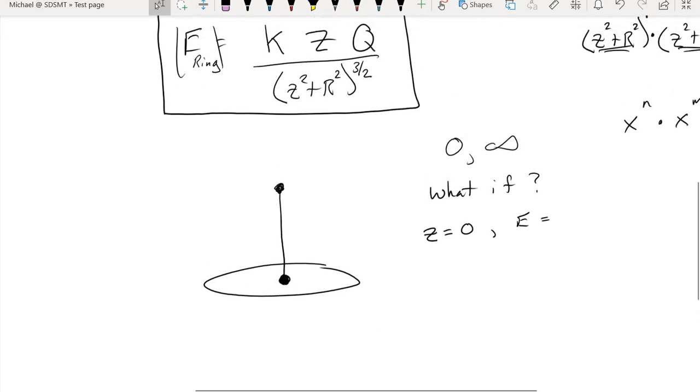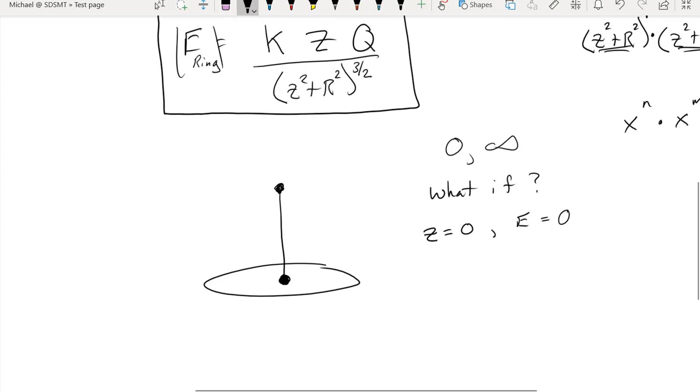And a 0 in the numerator, we have 0 in the denominator, and if z squared goes to 0, then we have r squared to the 3/2 power, which would technically be r cubed. And so what this means is that we would have 0 over r cubed, which is going to be 0. So mathematically, we have an electric field magnitude at the center of the ring which is equal to 0.